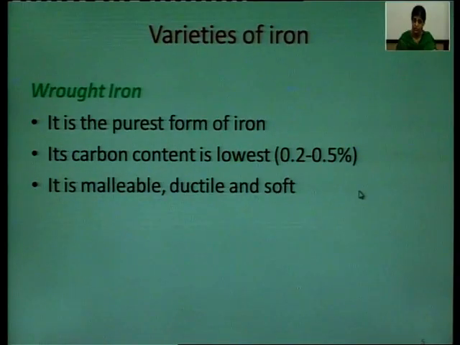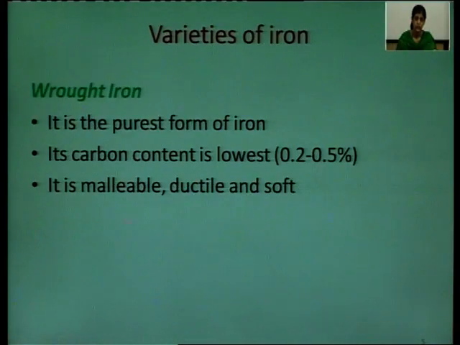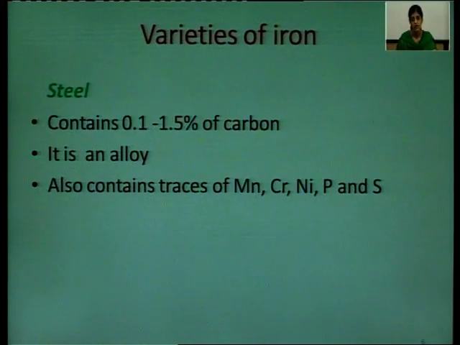So, we have 3 types of iron: cast iron, which has 2 to 5% of carbon. Then we have wrought iron, where the carbon percentage is very less, and so it is malleable, ductile and soft. And then we have the steel that has carbon content in between that of cast iron and wrought iron.